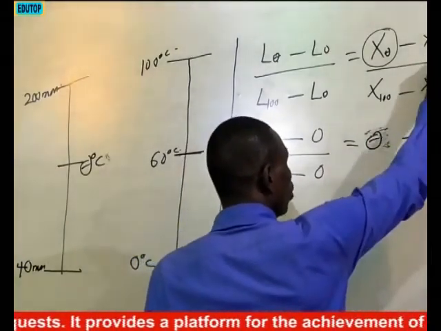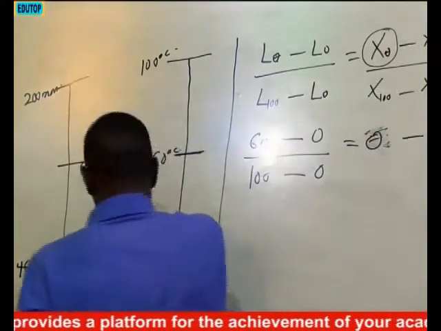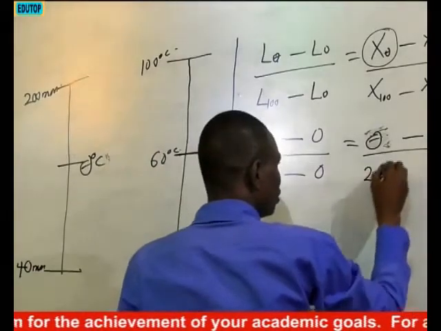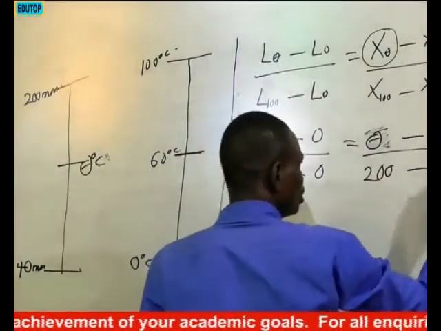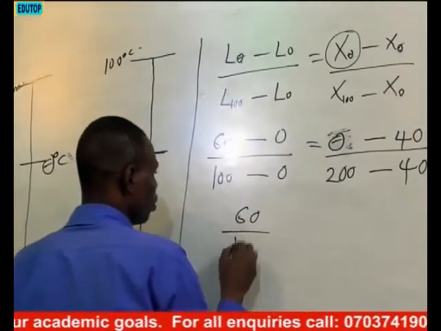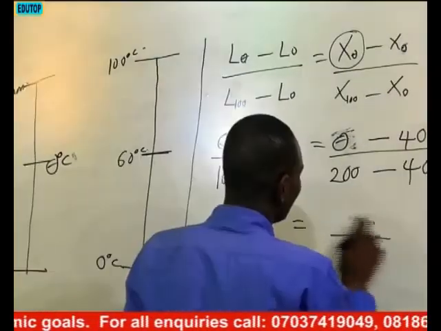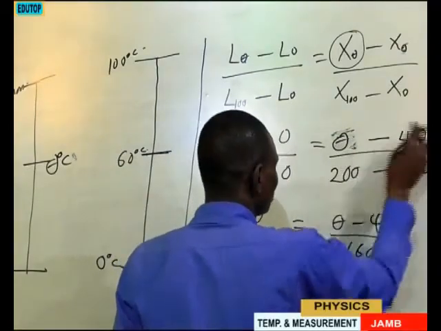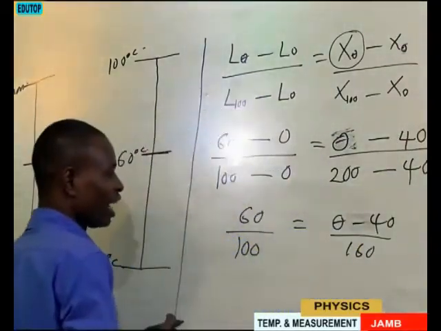This is the lower fixed point, which is 40. X 100 is 200, minus 40. Okay? 60 minus 0 is 60 over 100. For this place, this is theta minus 40. You leave it like that.